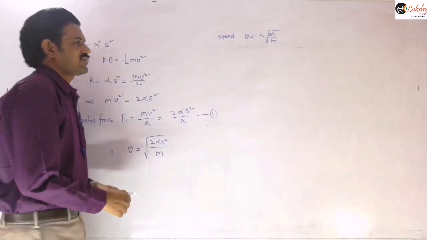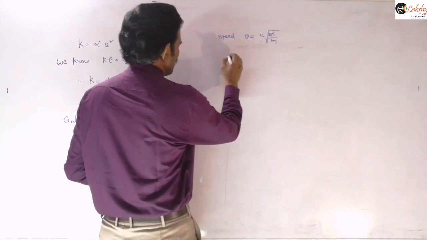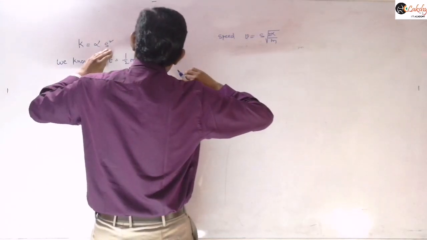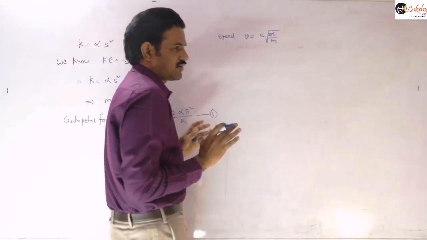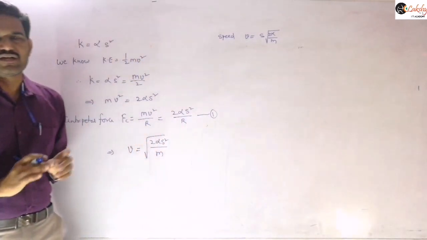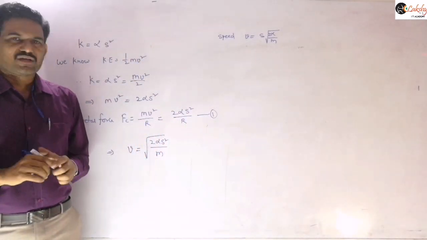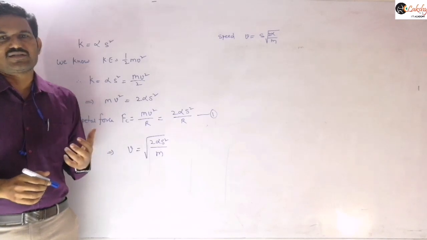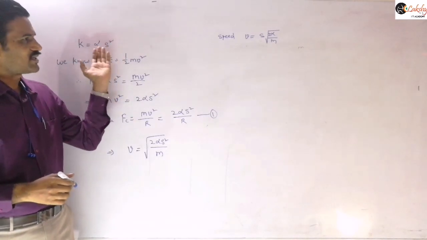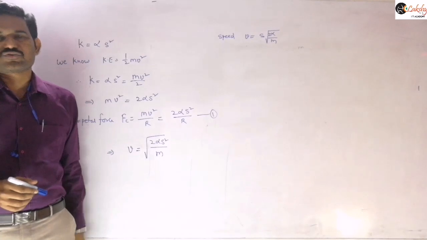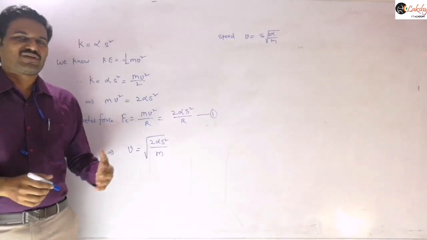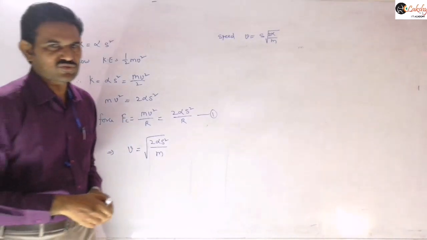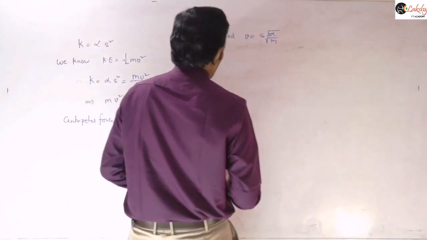Directly by observing this expression itself we can say that, because we already mentioned that in uniform circular motion kinetic energy of the particle remains constant, and in non-uniform circular motion kinetic energy of the particle is variable. So here the kinetic energy of the particle is variable. That clearly shows that speed of the particle is variable, so there will be some tangential force or tangential acceleration on the particle.